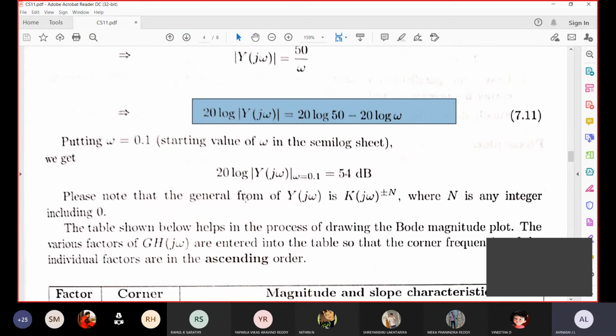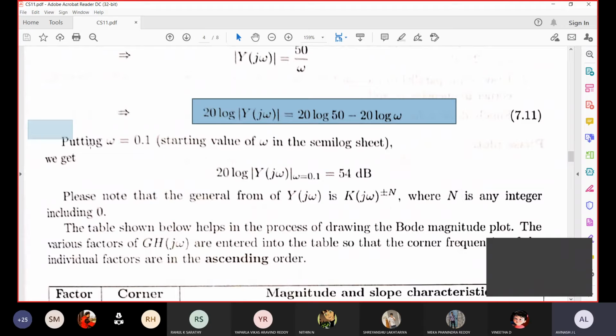Once we get this equation, this is the starting value. See why I put omega equal to 0.1: because it is the starting value of omega in the semi-log sheet. As I told you, 0.01 also you can consider, but we always prefer going with 0.1 only. So we consider omega equal to 0.1.